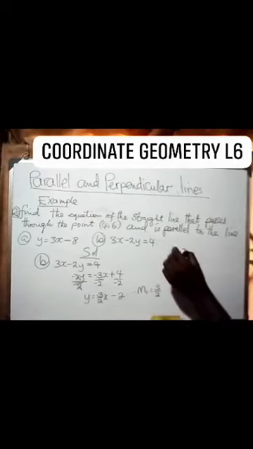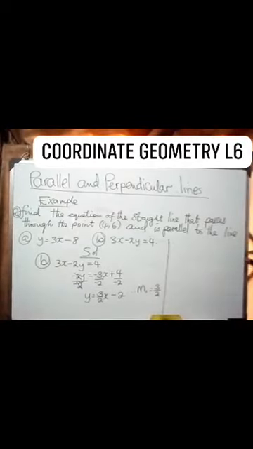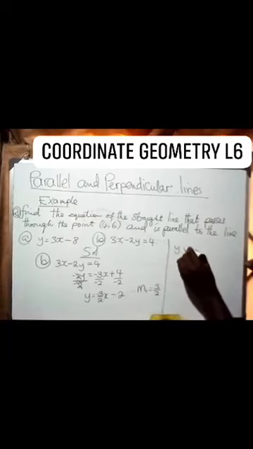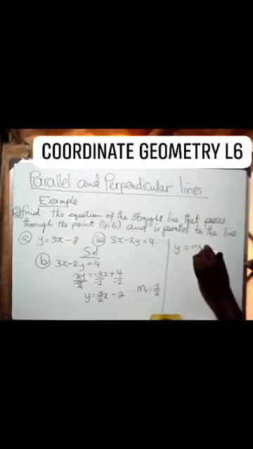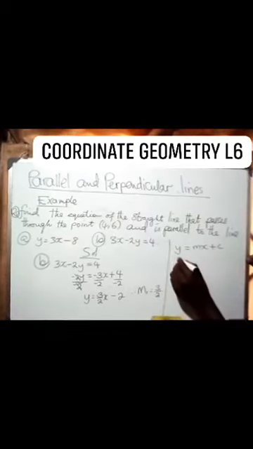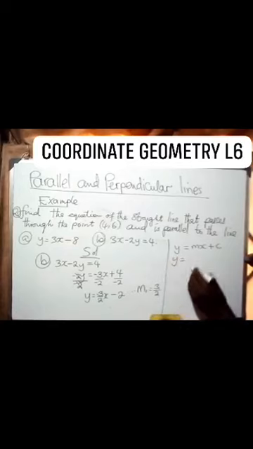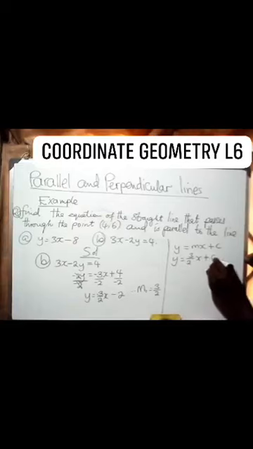So we have known gradient number 1. Now, this gradient number 1 is also the same gradient for the line we are looking for. What is the line we are looking for? So where there's m, I'm going to write 3 over 2, and the x plus c.